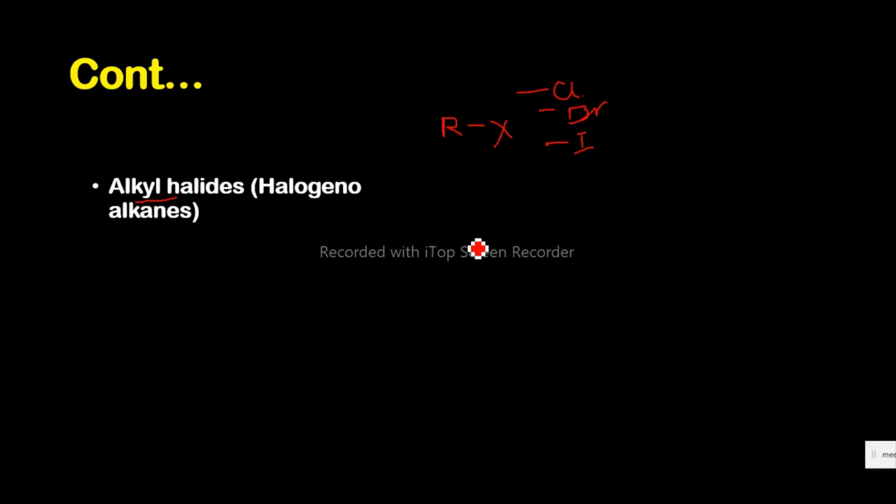Fluorine is highly electronegative, so it forms unstable compounds with alkyls, which cannot exist, I think. So usually they are these three. We see how they are prepared, and we see the chemical reactions that they undergo.